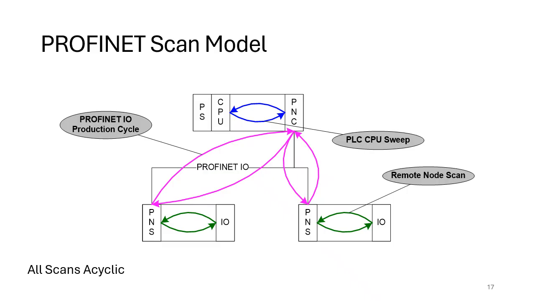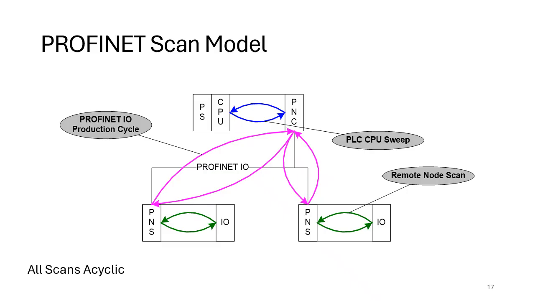So your typical scan time is actually the sum of the PLC CPU sweep, the PROFINET IO production cycle, and the PROFINET scanner device. Normally the PROFINET scanner device to the IO is pretty quick, so we normally ignore that. So then it's just a combination of your PLC CPU sweep plus your PROFINET scan time is your typical response time for one-way communication. And that's where it starts getting complicated.